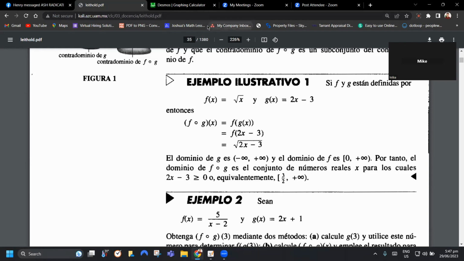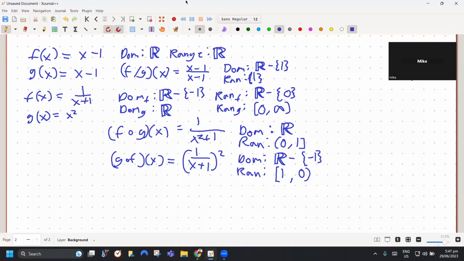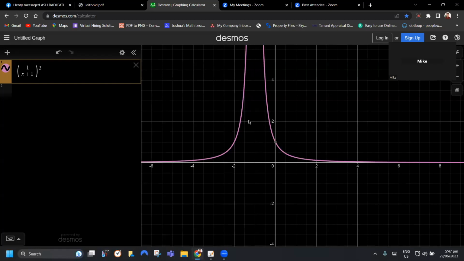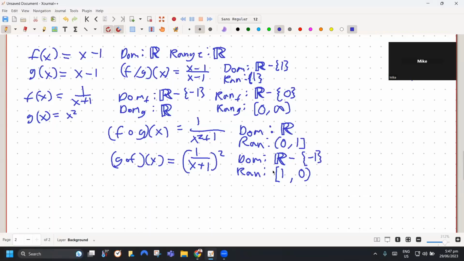Pwedeng pa share ng notepad mo ulit. So if you look at the graph, ano yung range? So 0 to infinity.